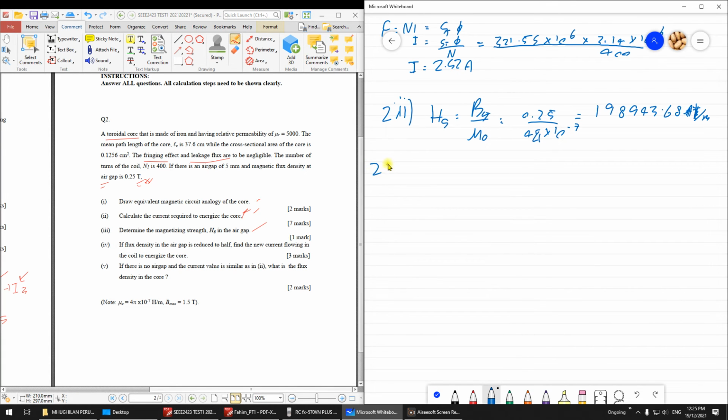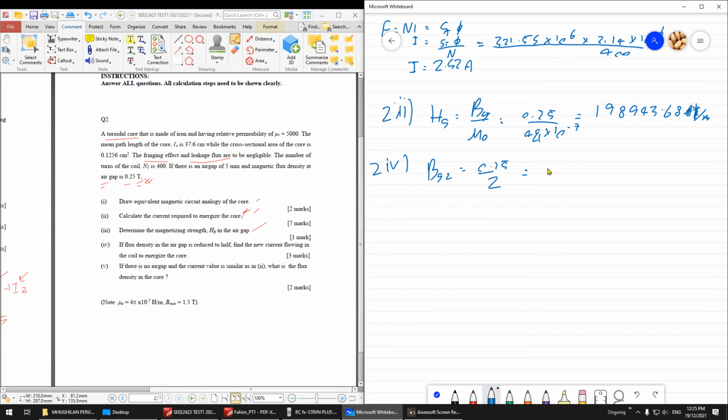How about number 2, 4? If the flux density is reduced to half, find the new current flowing in the core. If the flux density in the air gap is reduced to half, so Bg2 is equal to 0.25 divided by 2.